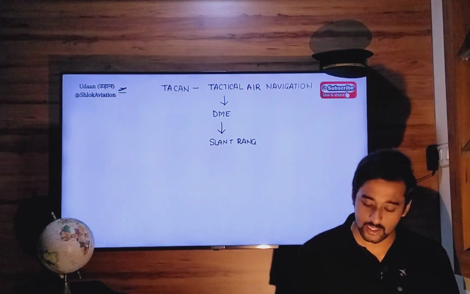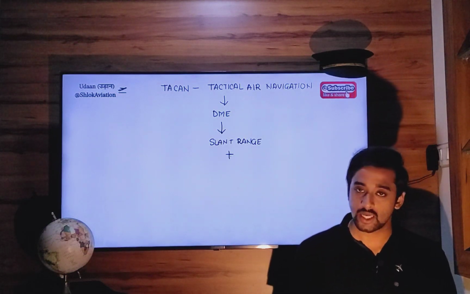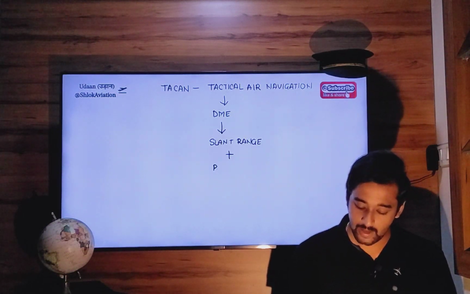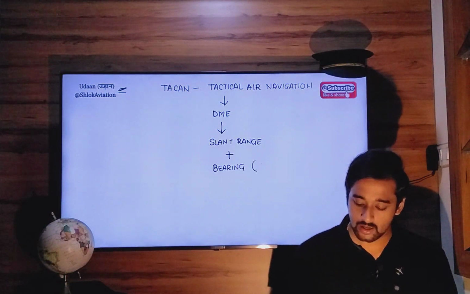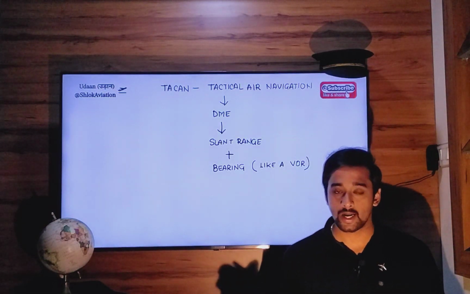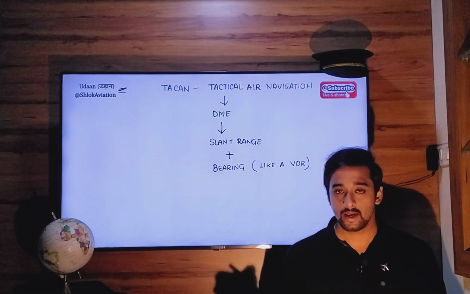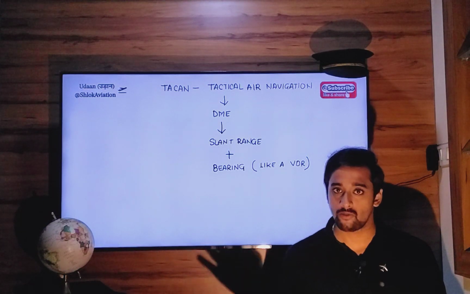But along with this slant range information, it also gives bearing information, just like a VOR. Like a VOR, meaning it will tell the bearing at which the aircraft is situated with respect to this TACAN facility, the radial on which it is situated.